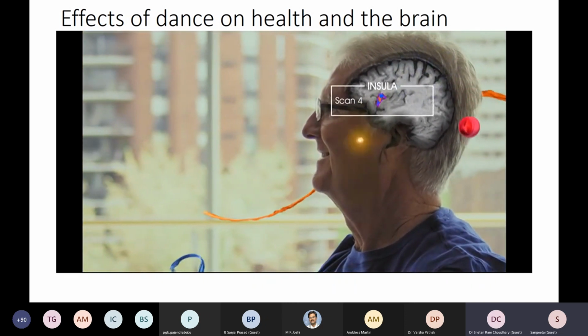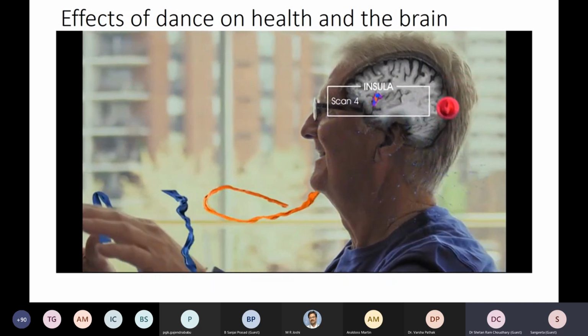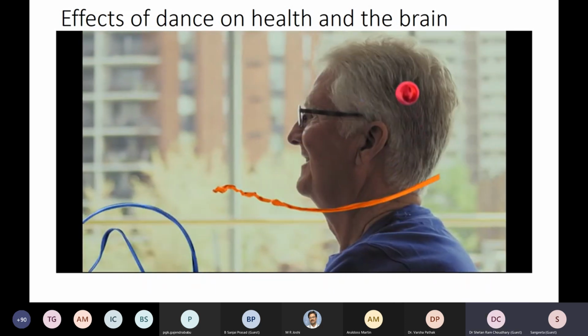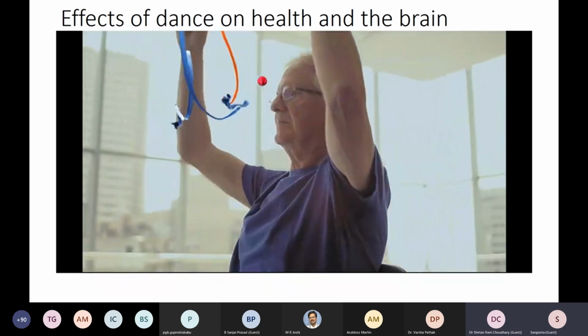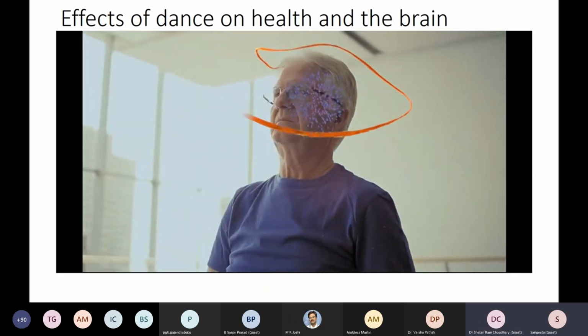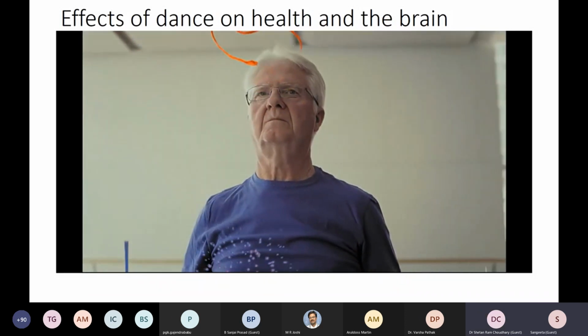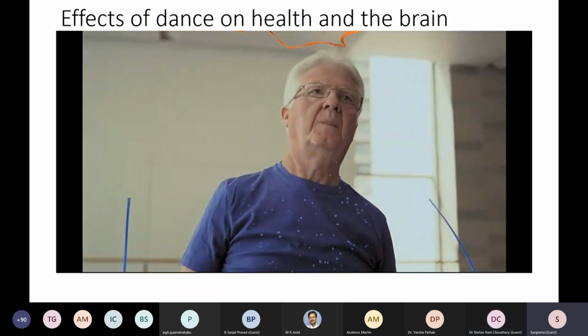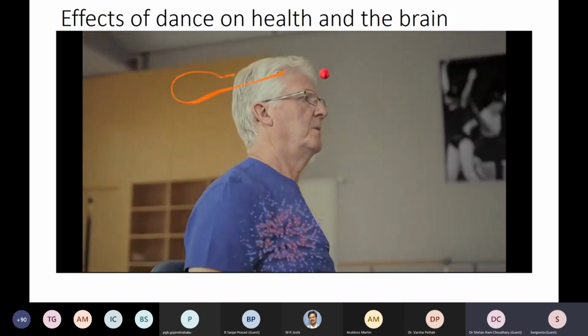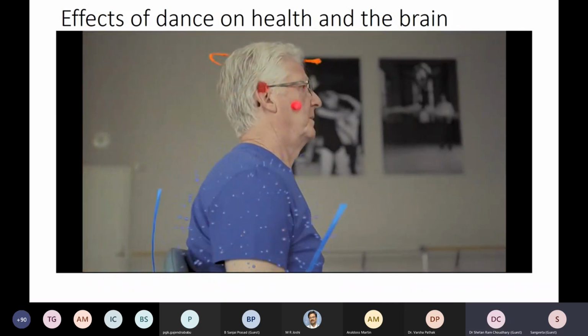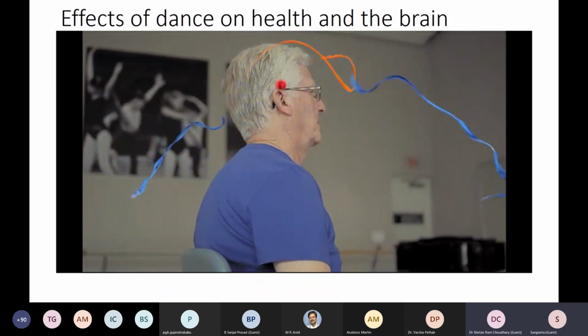And so I think this is part of the beauty about dance. It's a way to almost cheat the disease. With Parkinson's, you know there's an interruption in the circuit somewhere. You just don't know where it is. And what dance helps do is it helps create bridges across these circuits.